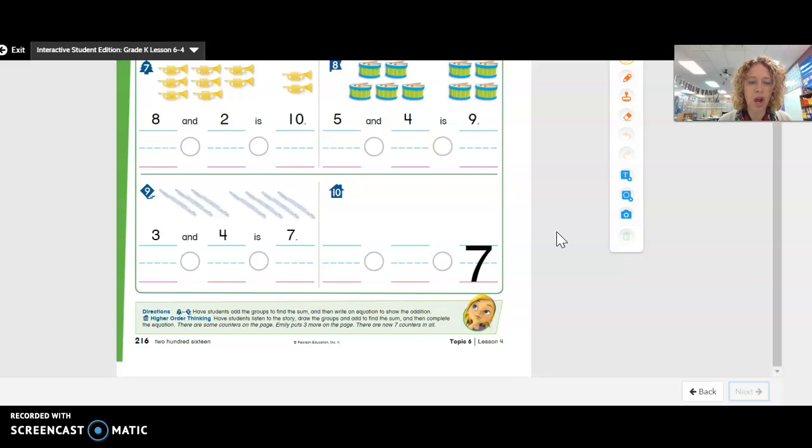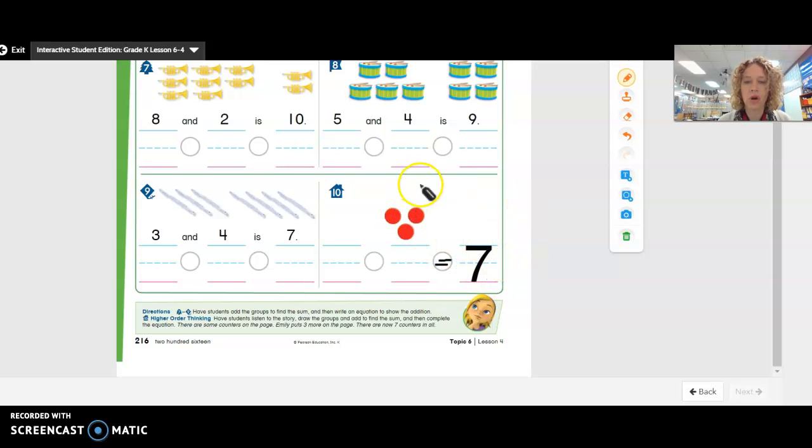Let's see. There are some counters on this page. Emily puts 3 more. Okay. So she puts 3 counters on this page. 1, 2, 3. Okay, and her total counters equals 7.